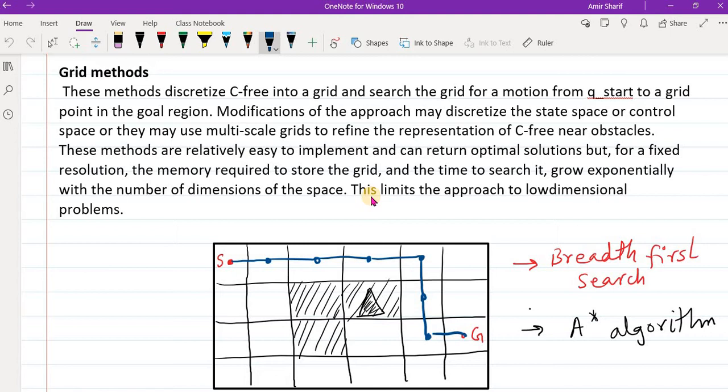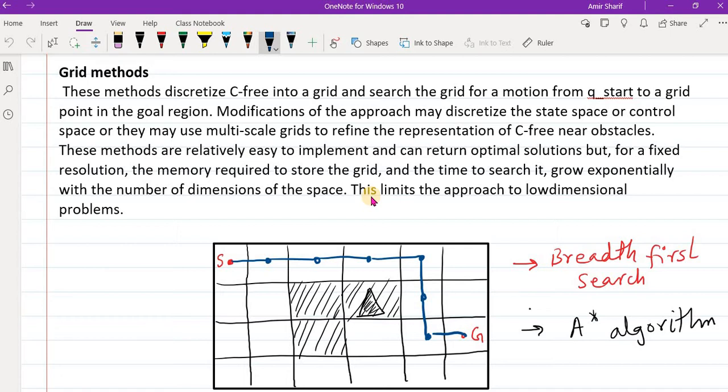You just have to make a grid, define which grid cells are obstacles and which are free cells, and then use a suitable motion planner or path planner to find a collision free path. And they can also be used to find optimal solutions.